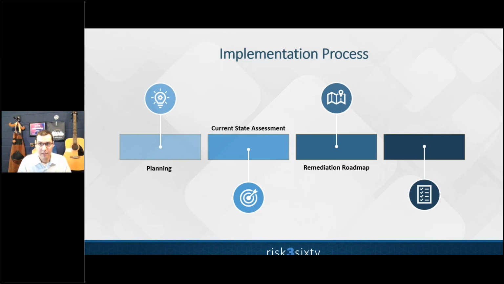From there, we will work with you on a remediation roadmap. So based on the gaps, we'll work to develop action plans, assign owners and due dates to those action plans, and then take a step back, look at all the activities that are required, the resources needed to complete those activities, and make sure that the due dates and the owners look right to meet your timeline.